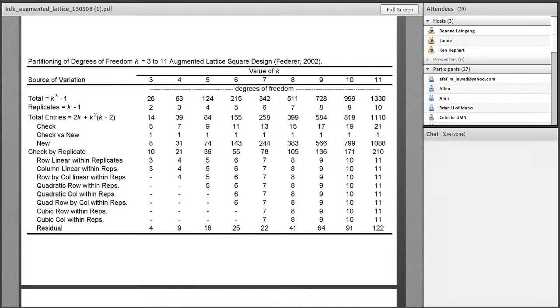Because as I mentioned earlier, lattices are intolerant of missing observations, and it's been a challenge at times because harvesting 512 plots within a day is usually a pretty long, grueling day for my program. And so at the very least, we try to get through an entire replication of the study in one day and then follow that up the next day with the other.